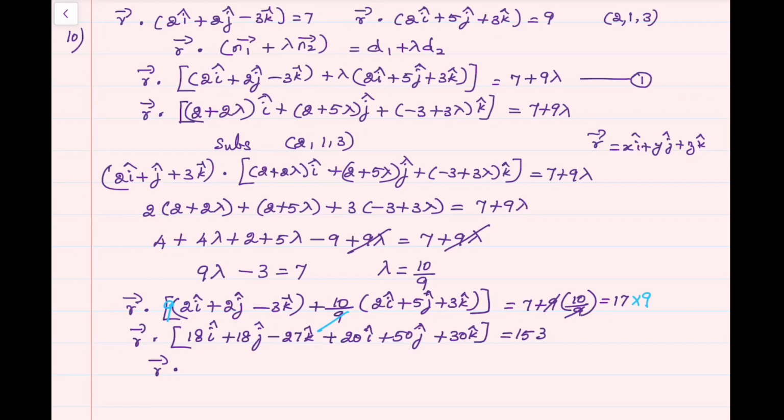Vector r dot 18i plus 20i is 38i plus 68j plus 3k is equal to 153. This is the answer.